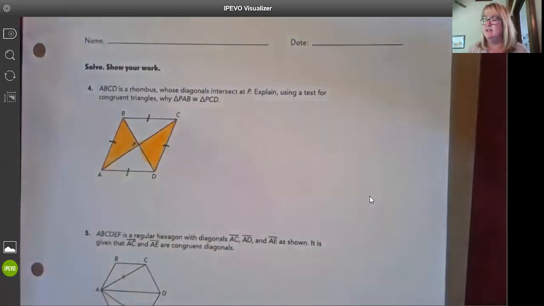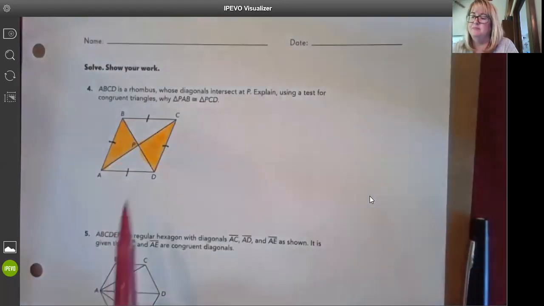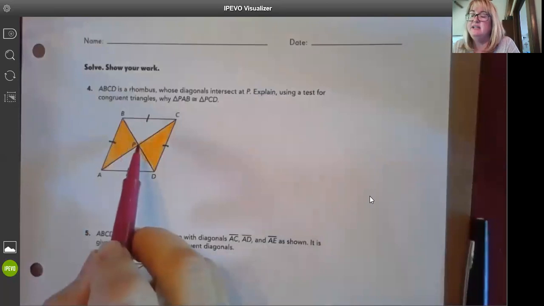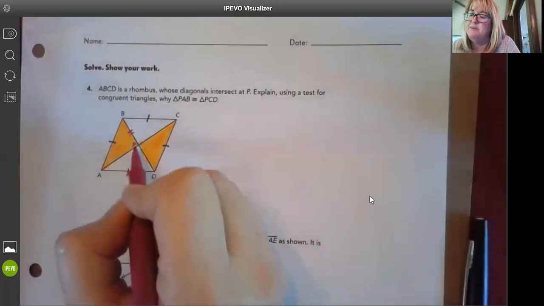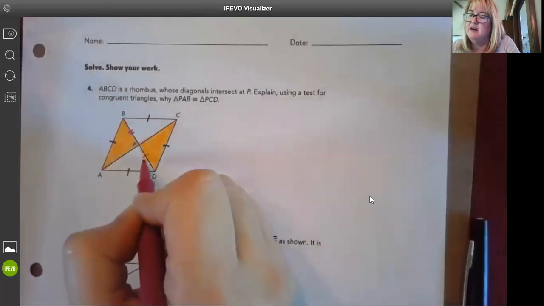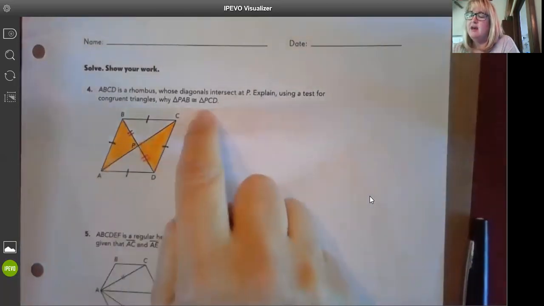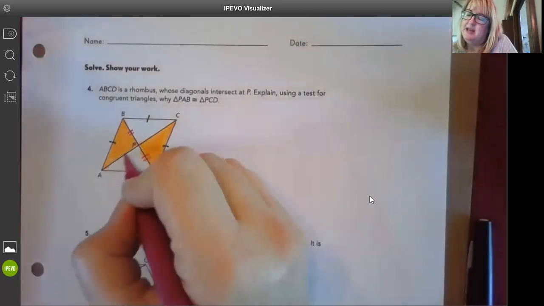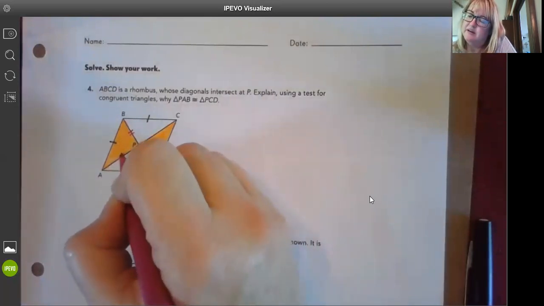They bisect each other. So one of the diagonals is from B to D. P cuts BD in half, which means the length from B to P and from P to D are the same. It does the same going the other way, so AC is cut in half right here.